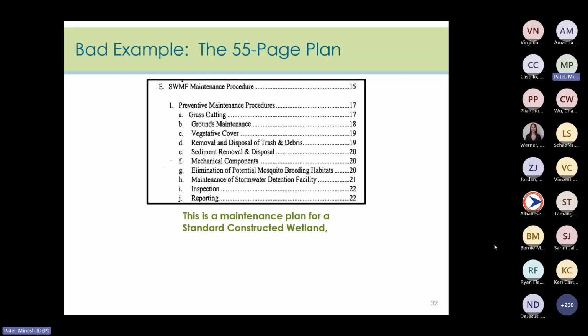What this really illustrates is that the reviewer has a responsibility to check the details that are provided in the plan so that the permittee meets the permit requirement to ensure long-term operation and maintenance. In this case, this is an actual approved maintenance plan that had absolutely nothing to do with the constructed wetland that's shown on the approved plan.